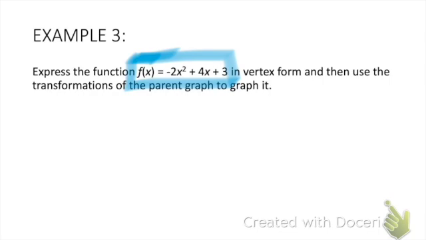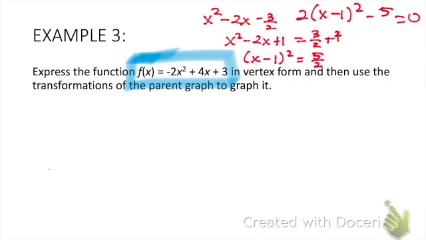We want to rewrite it in vertex form, and then use that to describe our different types of transformations. Let's just go back. I was trying to make it easier and we made it harder. So if we complete the square, let's just do that.